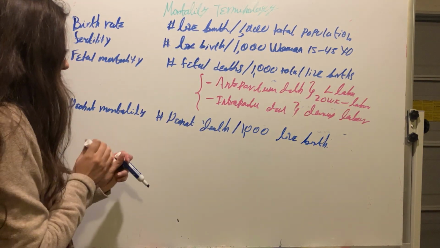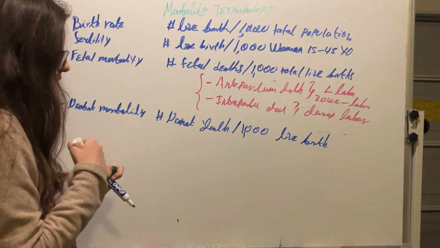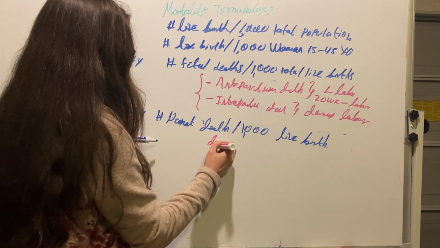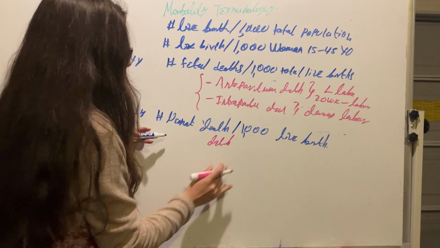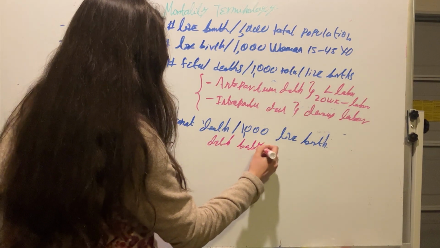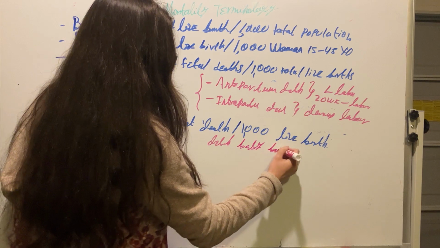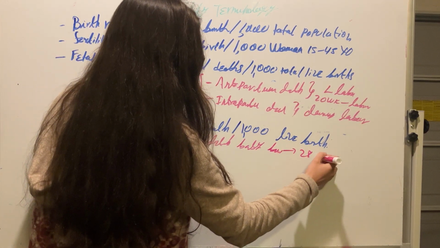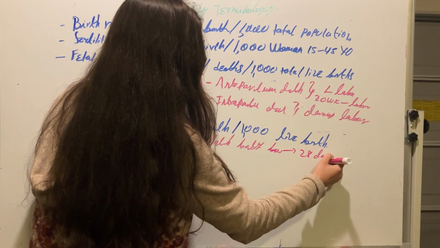So here, what is neonatal death? Neonatal death, this is death of the baby since the baby was born up to 28 days.